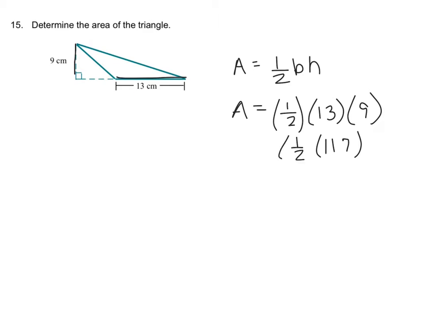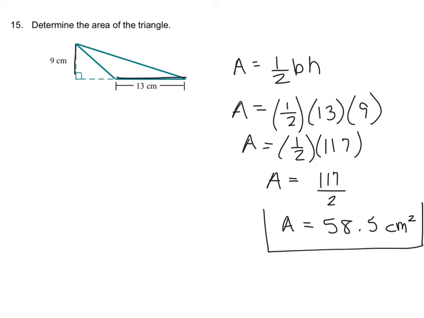Lastly, I want to multiply 1/2 by 117, and that's the same as dividing by 2. And 117 divided by 2 is 58.5 centimeters. And again, we're just going to put an exponent 2 next to the centimeters because this is the unit for the area. So my final answer is 58.5 square centimeters.